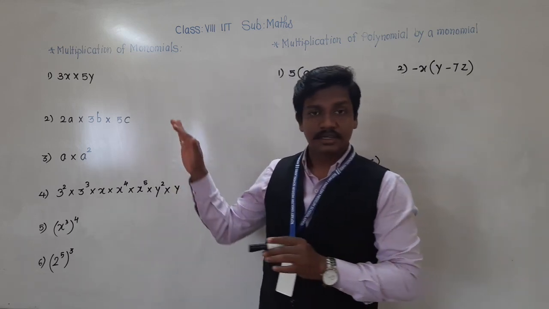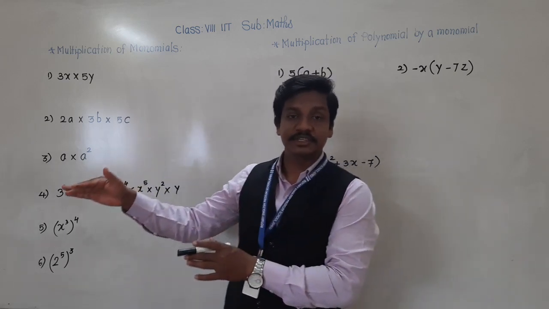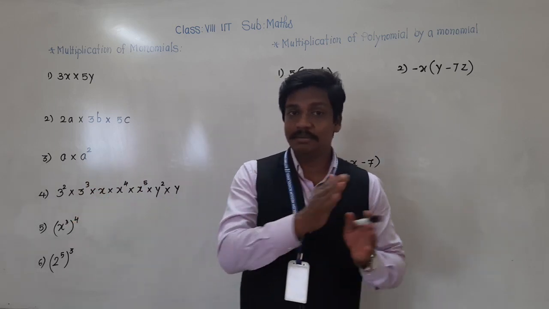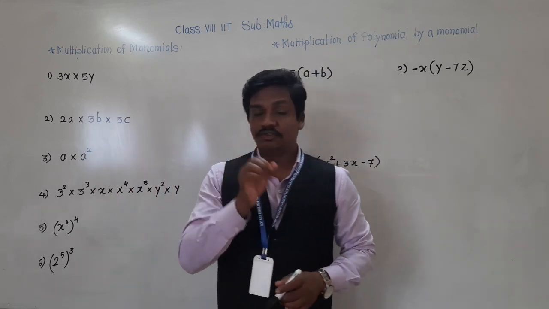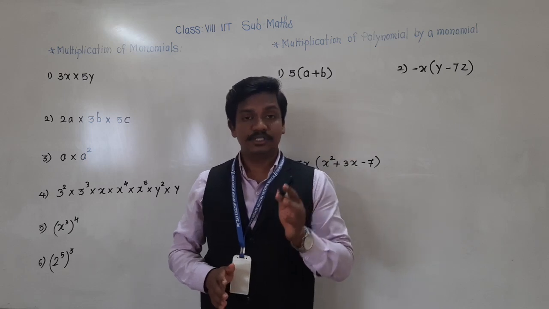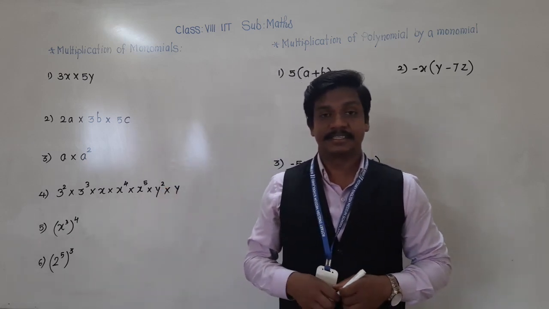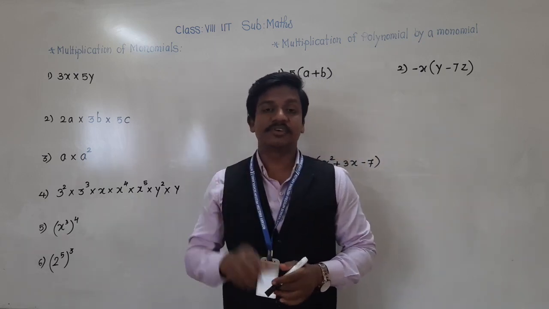It's very simple. First of all, I'll tell you the difference between addition and subtraction of algebraic expressions and multiplication of algebraic expressions. See, in addition and subtraction we added or subtracted only the terms which are like terms, that is, the terms with the same literal factor.